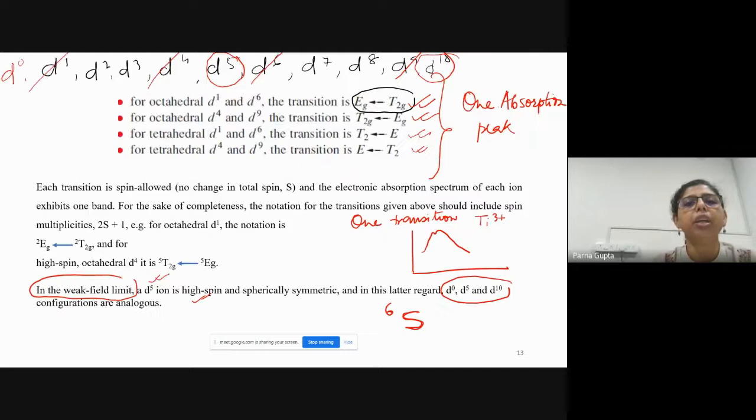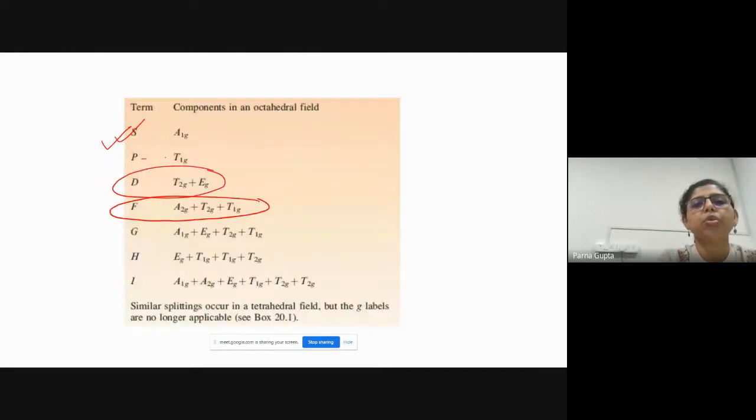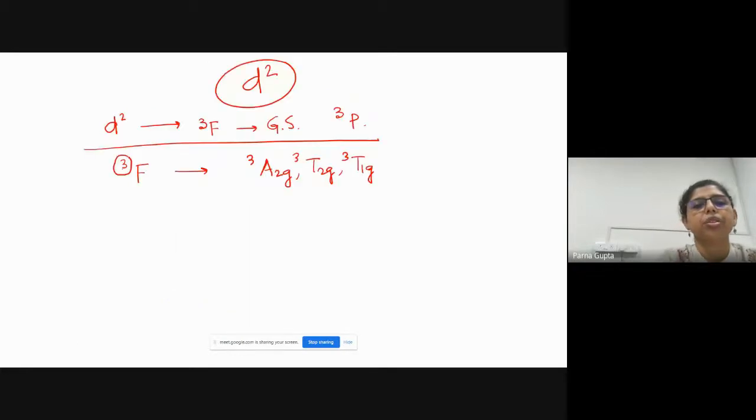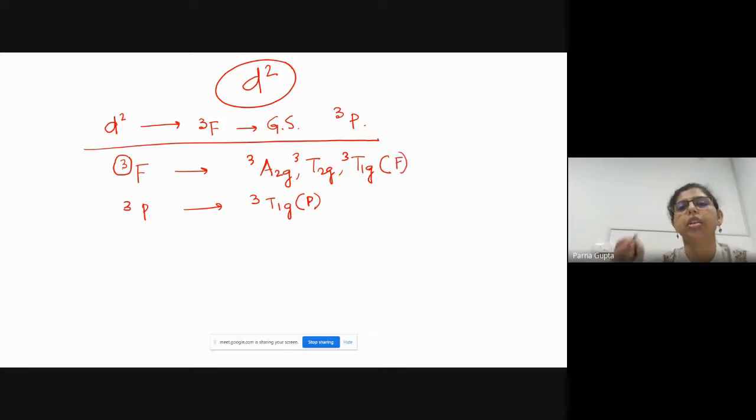Now what does the P term go to? The P term goes to T1g, so 3P goes to T1g. Generally for the sake of understanding, we keep it as T1g(P) and T1g(F).